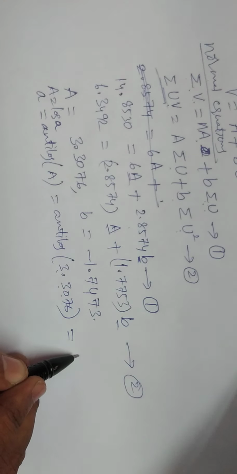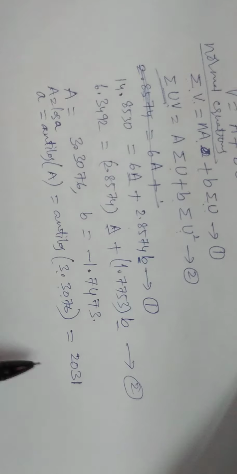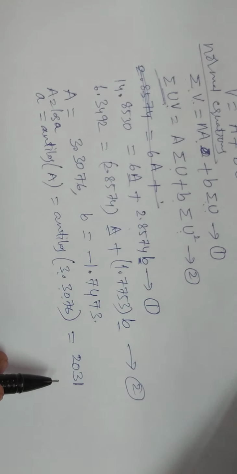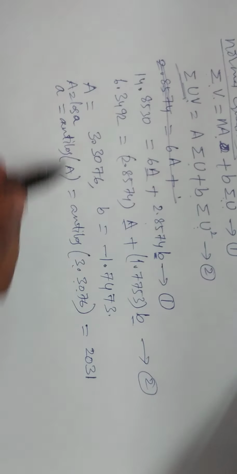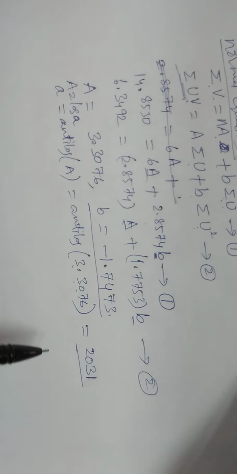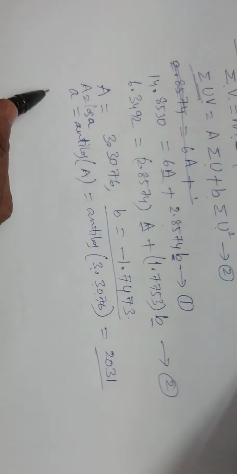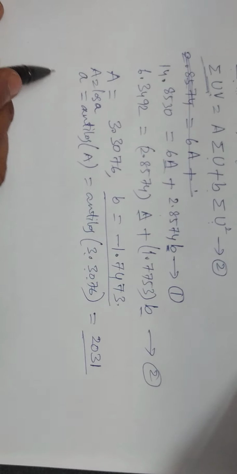You calculate, and the value is approximately 2031. I am writing the value here, 2031. So b is this small b, and small a is 2031.